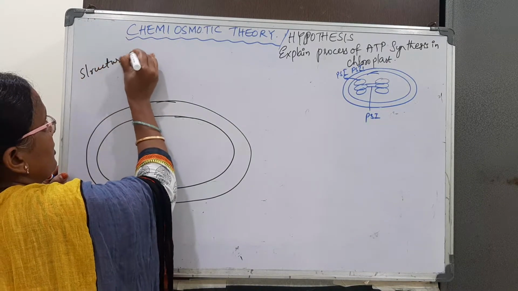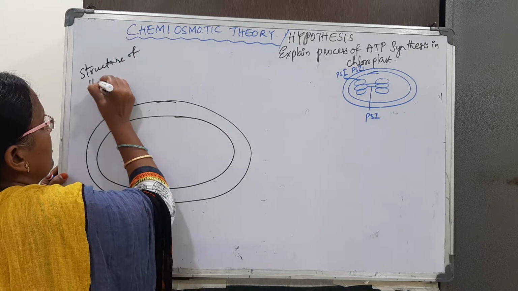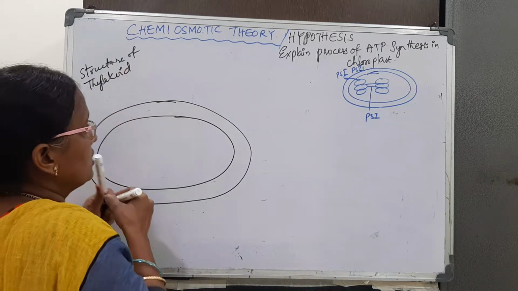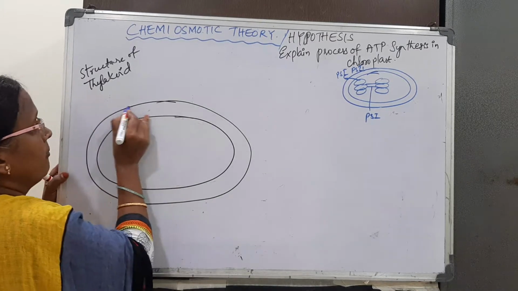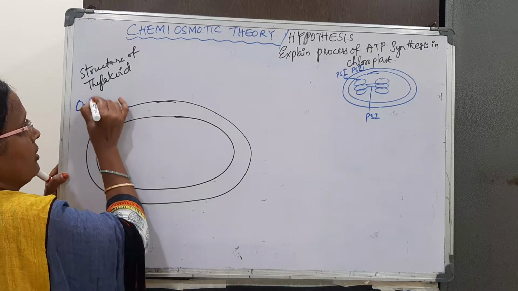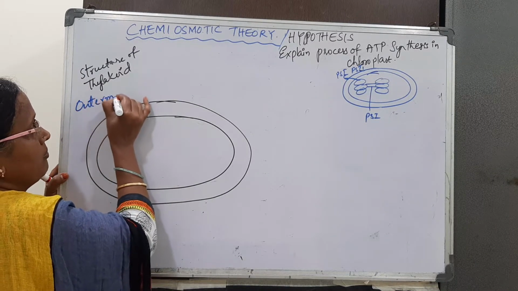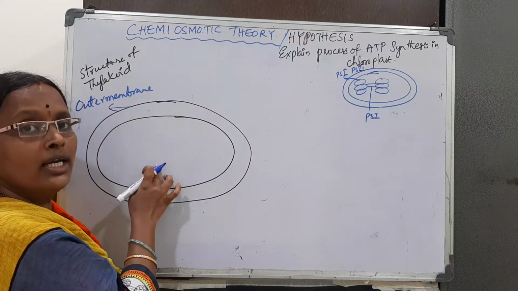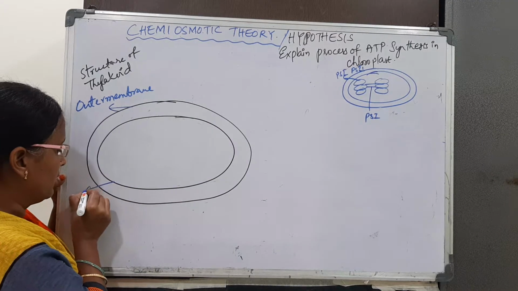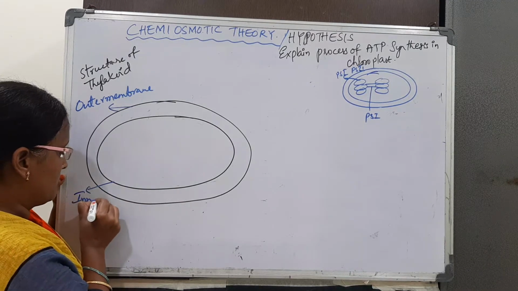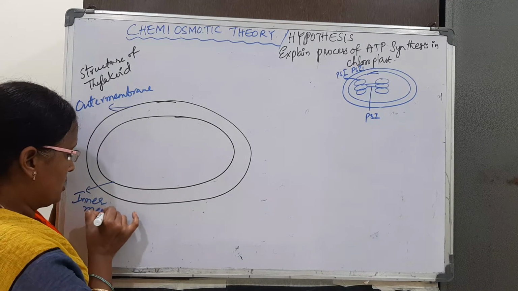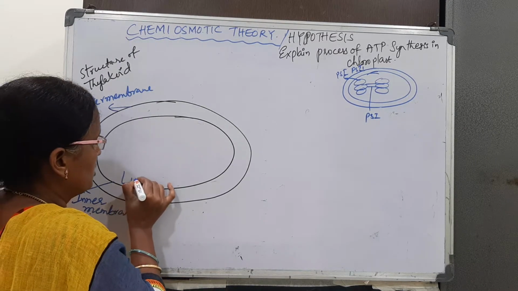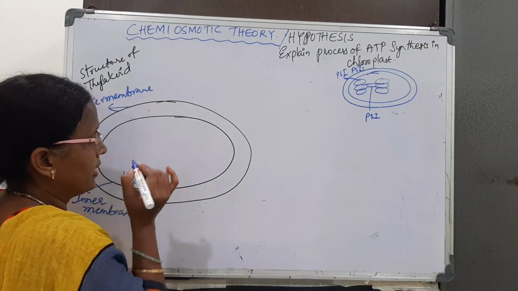Structure of thylakoid. So this is outer membrane. We are taking only a single thylakoid, outer membrane and inner membrane, and inside this membrane, the place that is known as the lumen of thylakoid.